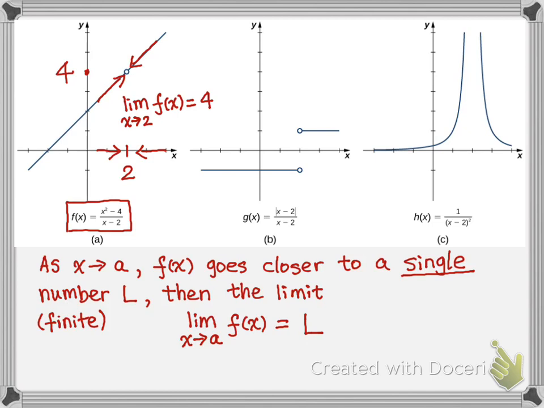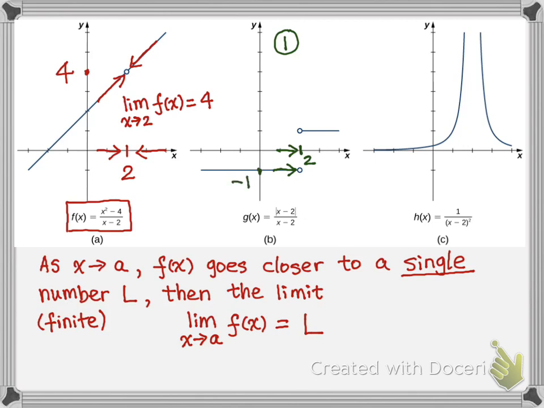Now there are 3 situations when a limit fails to exist. Number 1, when it doesn't approach a single number. So take a look at this case when x approaches 2. As x goes to 2, the y value goes to the number -1 from the left.